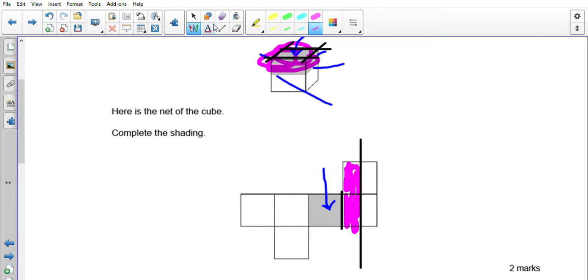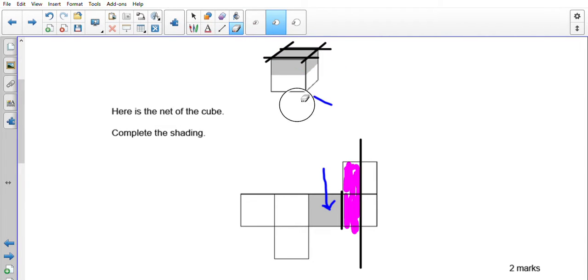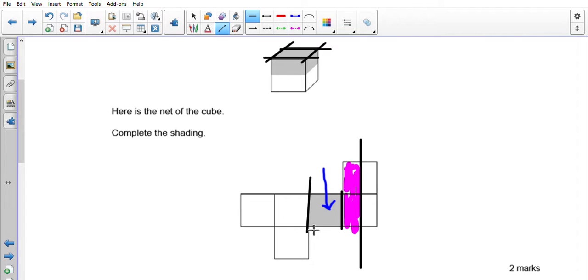And then if I think about where else I can go with that, if I come back to here, it's going to have to be the other side that marries up with that edge. So if I look, I've got that edge here, which is going to be there, and then it's going to be along there, which is actually going to be these 2 shapes here.